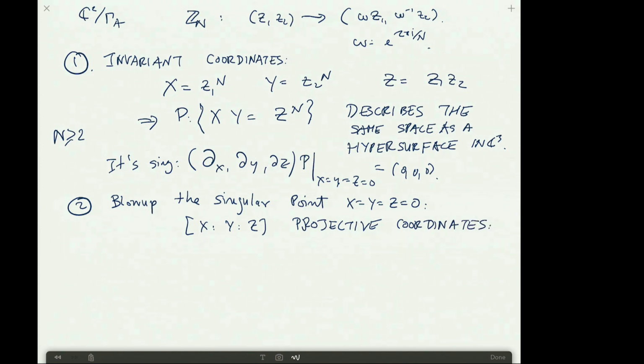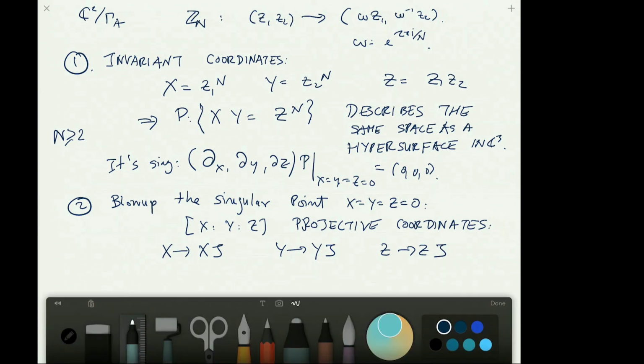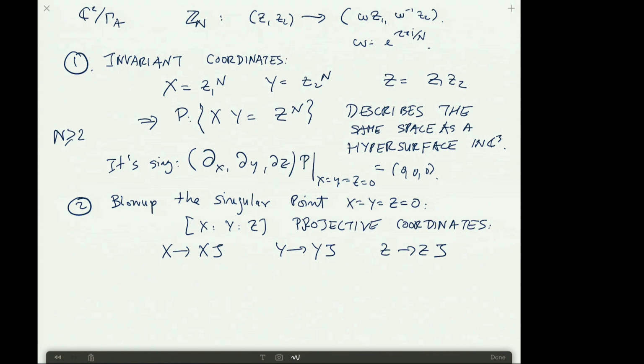One way to realize this: we send x to x times some zeta, y to y times zeta, and z to z times zeta. And then we postulate that they are projective in the sense that x, y, z cannot vanish at the same time, or that (x, y, z) is proportional to (x', y', z') if there exists a lambda unequal to 0 such that it is lambda times (x', y', z').